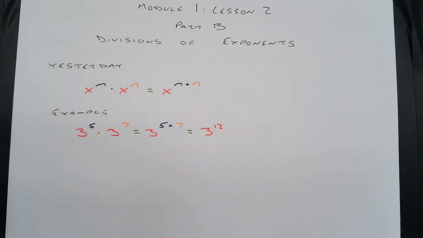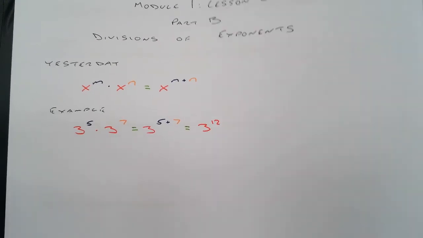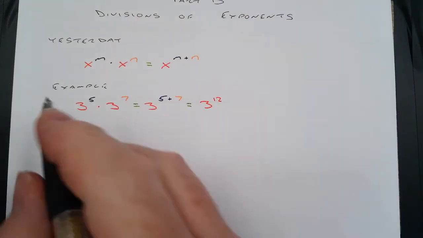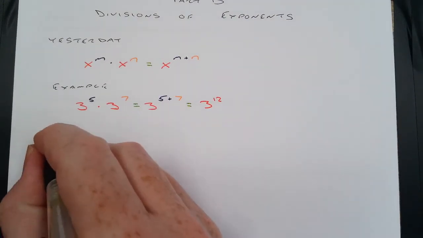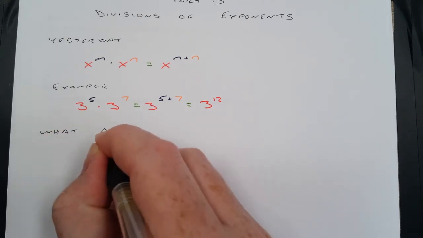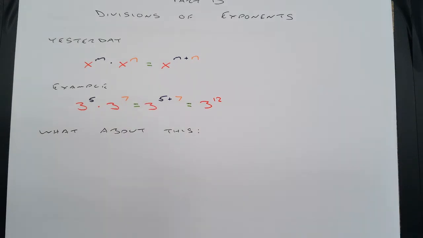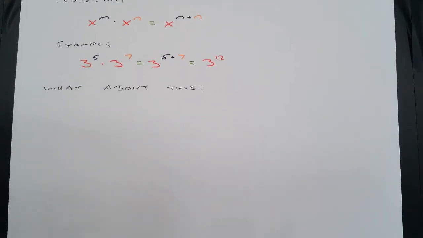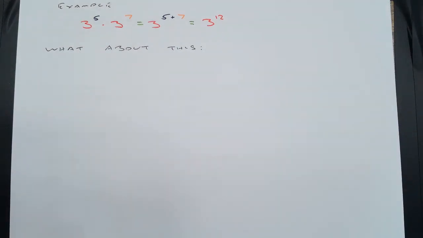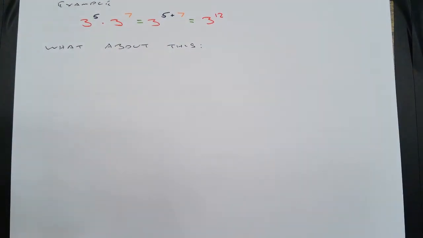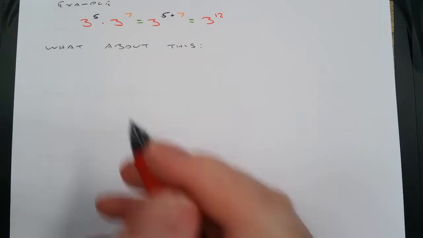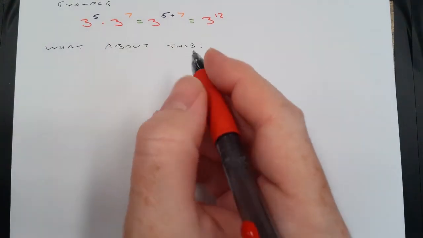But today's something new because we're not multiplying exponents. What about this? Instead of multiplying, let's talk about dividing. What happens if it's not 3 to the 5th times 3 to the 7th?